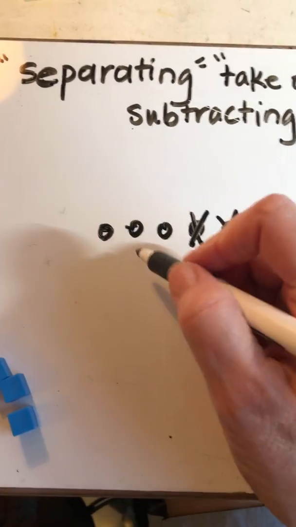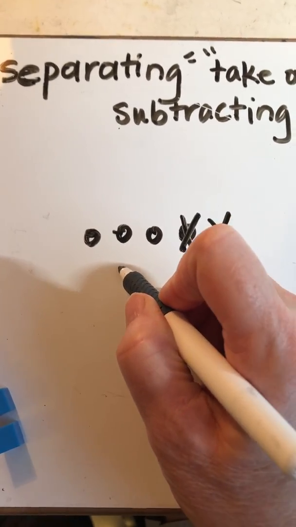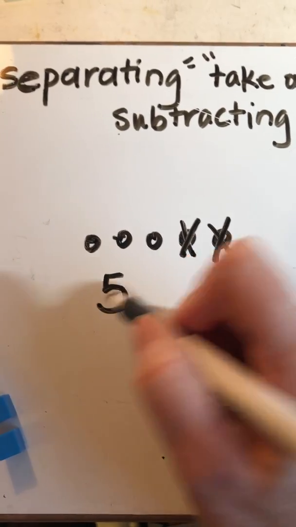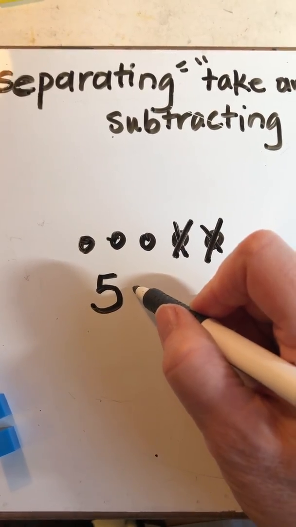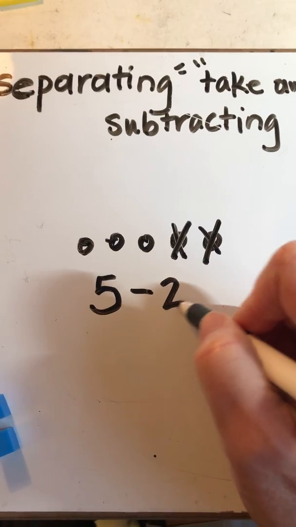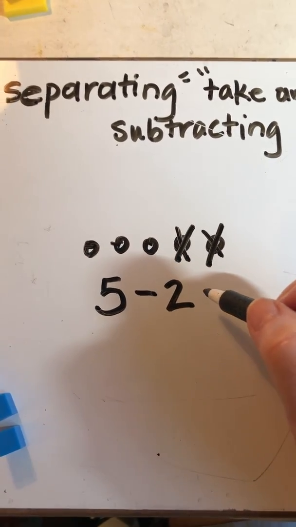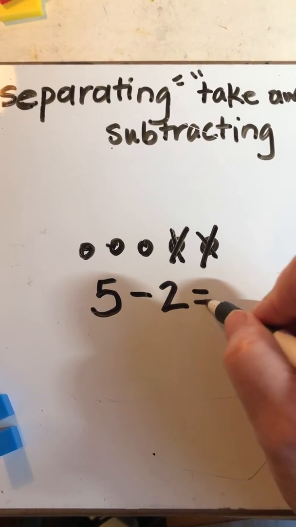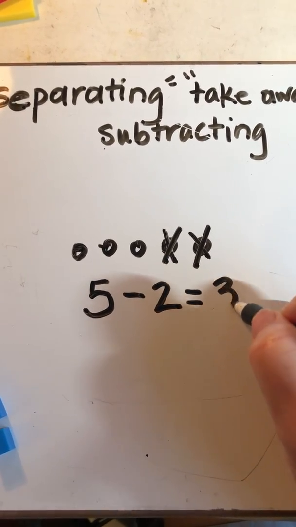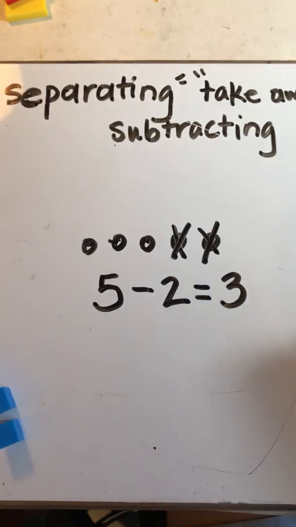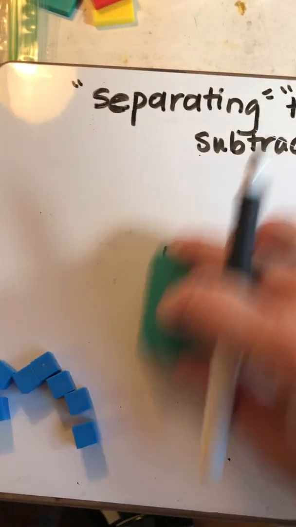Sure, 3. All right, I'm going to write a number sentence to show what we just did. So there were 5 balloons that they blew up. 2 of them popped. I used my subtraction symbol because they went away. And how many were left? 3 were left. Excellent.